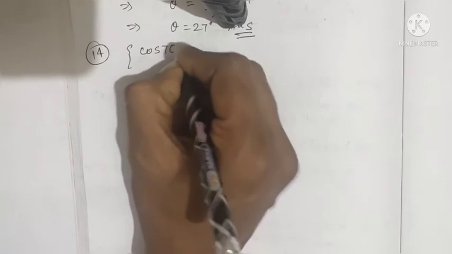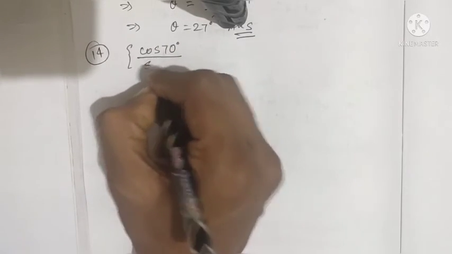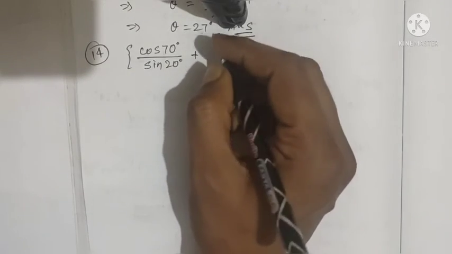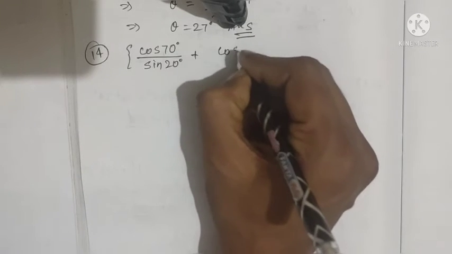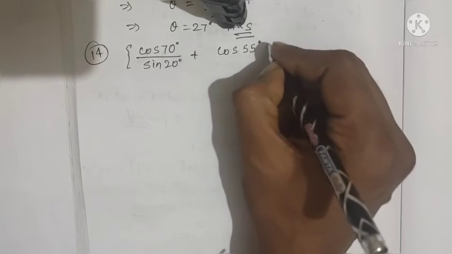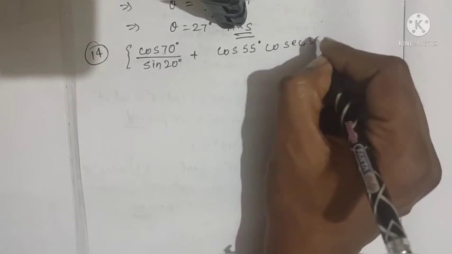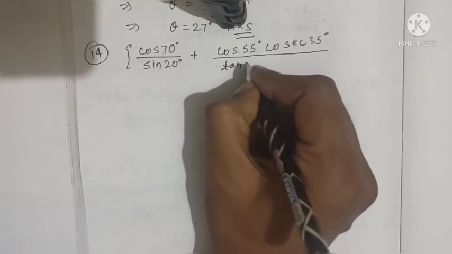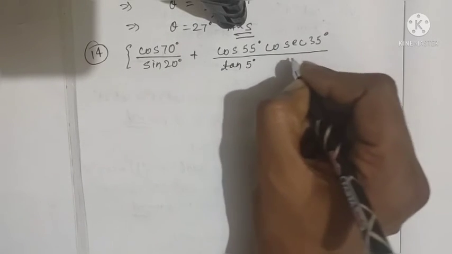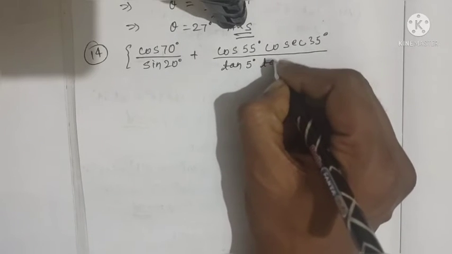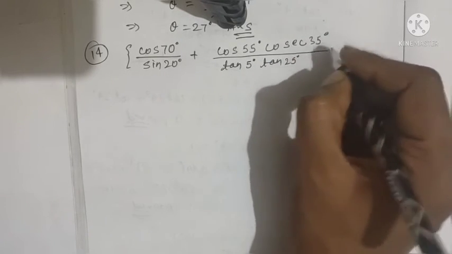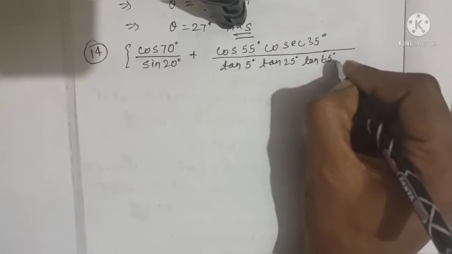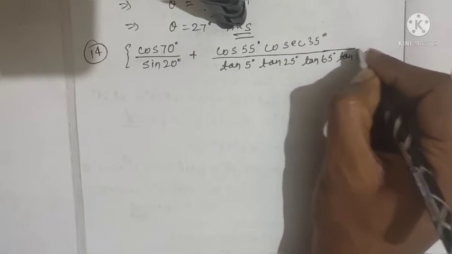Cos 70 degree by sin 20 degree plus cos 55 degree into cosec 35 degree divided by tan 5 degree, tan 25 degree, tan 65 degree and tan 85 degree.